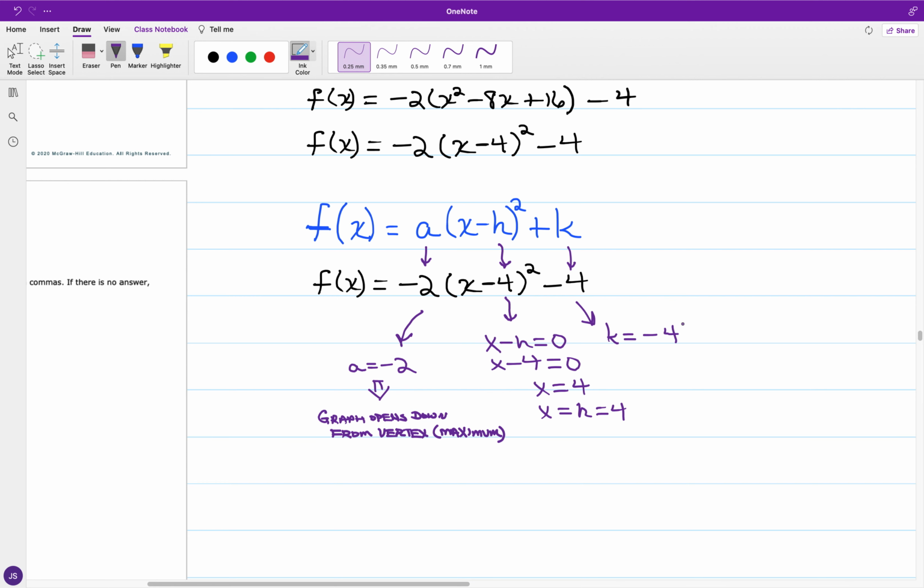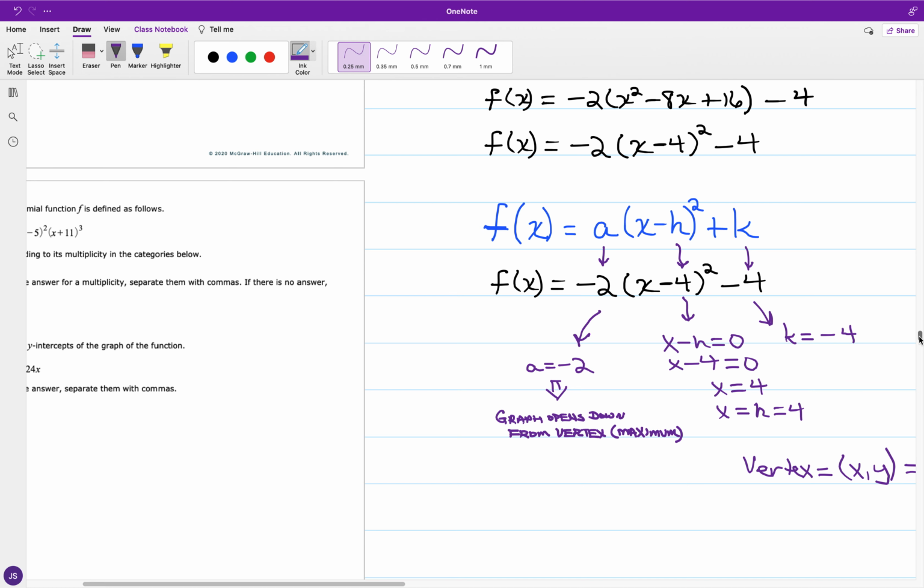From the vertex equation, your x is represented by h in the general format, and y is represented by k. Numerically, you have your h value at 4, and the y coordinate, which is k, is going to be at negative 4. Referencing what we have in the first problem.